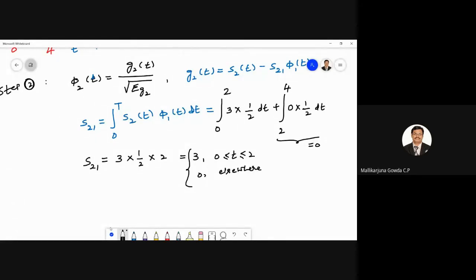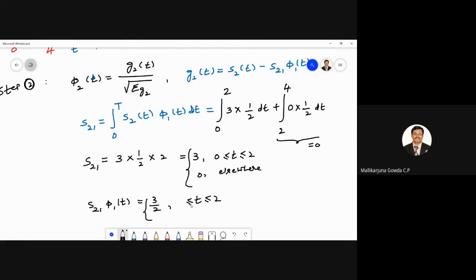Now let me say what is S21 into pi 1 of t, right? I need to find out the product. So the value of S21 is 3, and the value of pi 1 of t is 1 by 2, right? So can I write it is 3 by 2 over the interval 0 to 2?